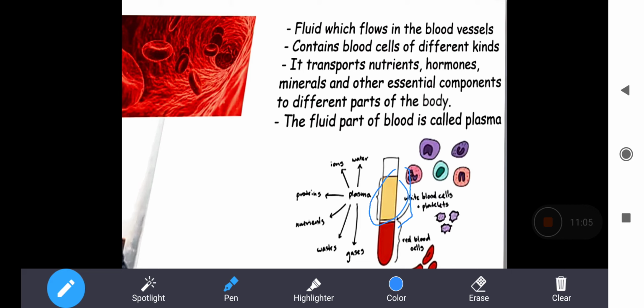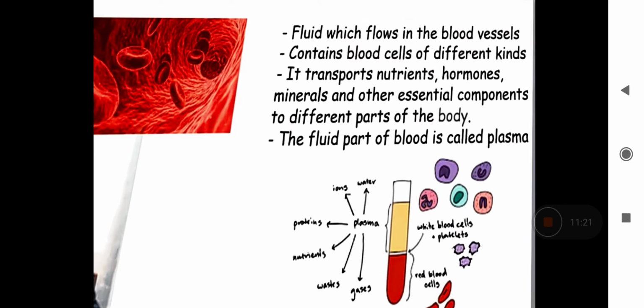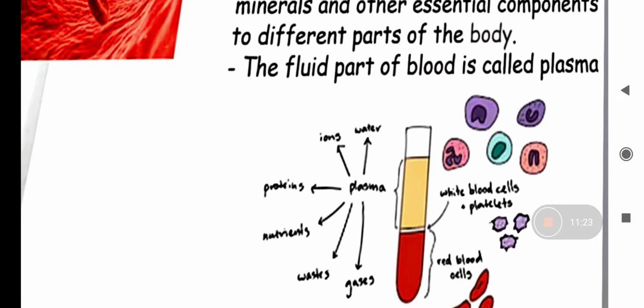It has various numbers of cells, different kinds. Plasma carries carbon dioxide and many other substances also. Plasma is rich in water, ions, proteins, gases, nutrients. What is plasma? The liquid portion of the blood is called plasma.